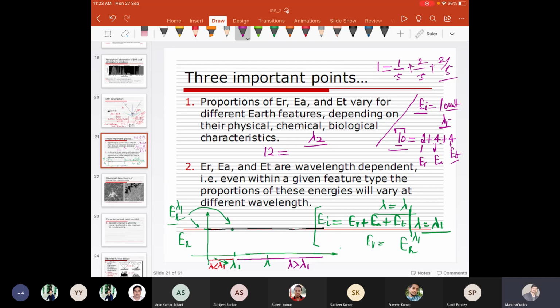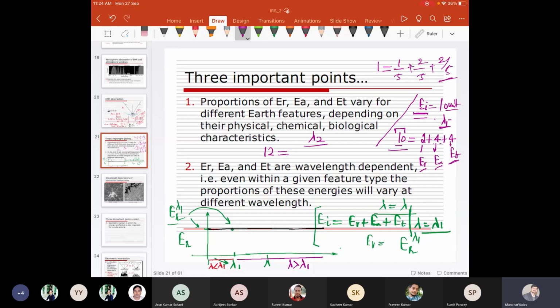So whatever the magnitude of EI is at lambda 1, its fifth part is reflected energy, 2 by 5th part is absorbed energy, and 2 by 5th part is transmitted energy. Fine.